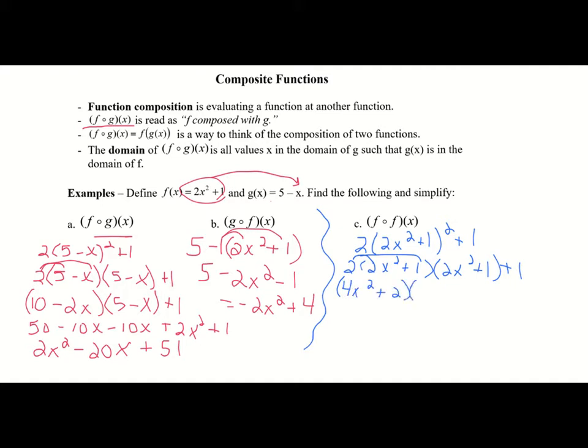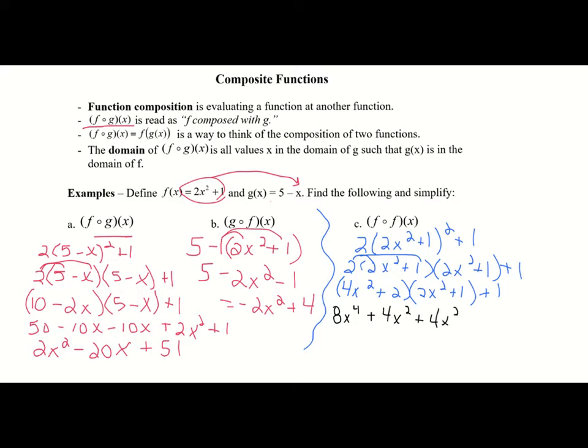Now I take that expression and multiply it times my 2x squared plus 1, and keep that plus 1 there. When I FOIL, 4x squared times 2x squared is 8x to the 4th power. 4x squared times 1 will be plus 4x squared. 2 times 2x squared will give me another 4x squared.